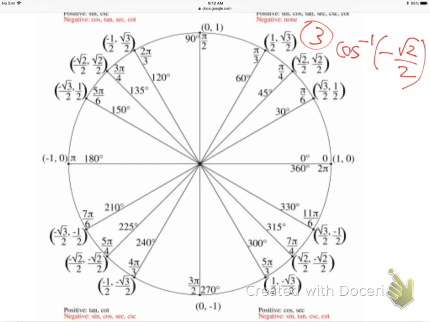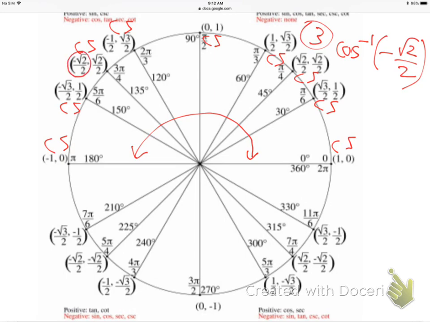Now for cosine inverse, we're only looking in these two quadrants, right? The top two. Where do we see cosine negative root 2 over 2?